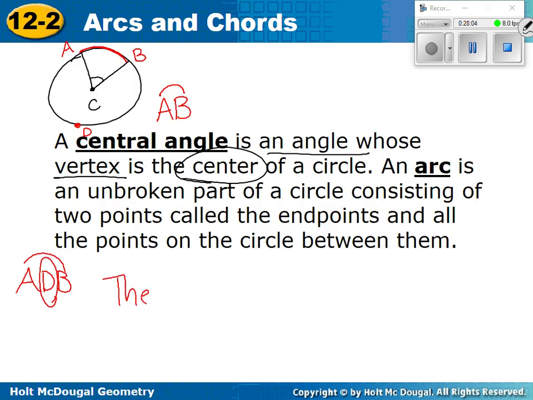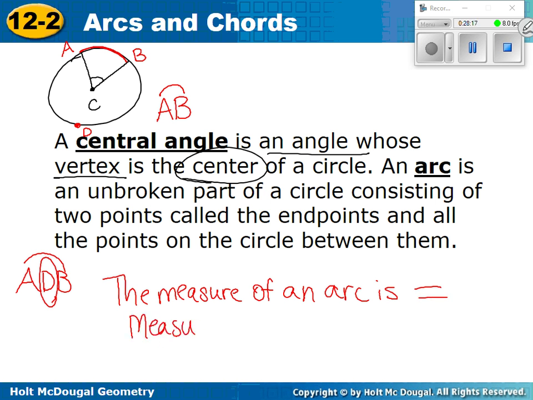The measure of an arc is equal to the measure of the central angle. The measure of an arc is equal to the measure of the central angle. Say it again. The measure of an arc is equal to the measure of its central angle.